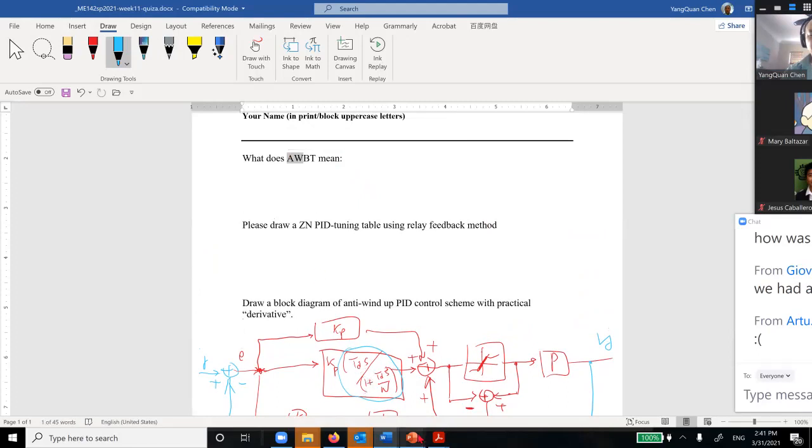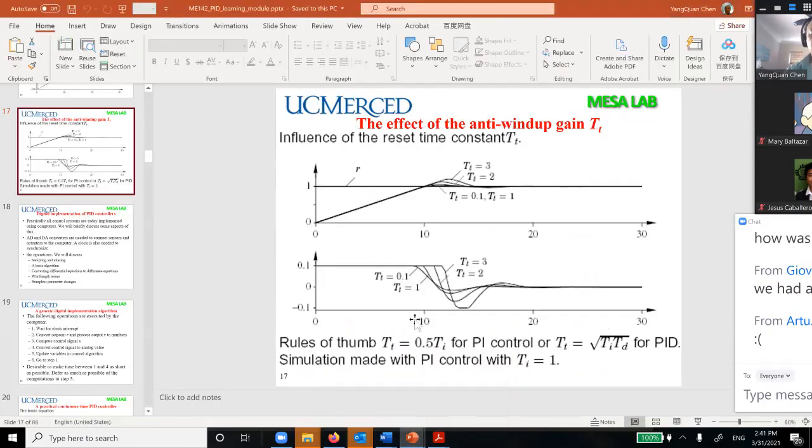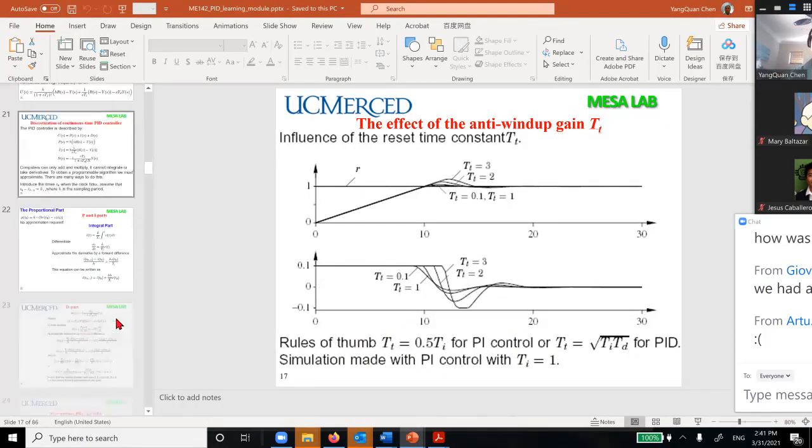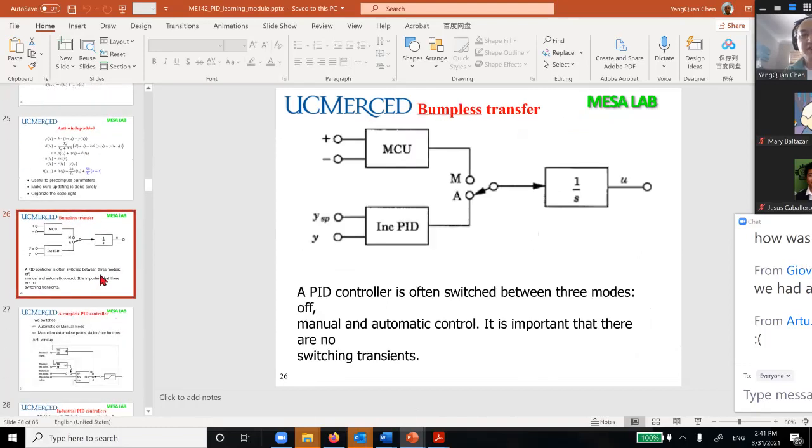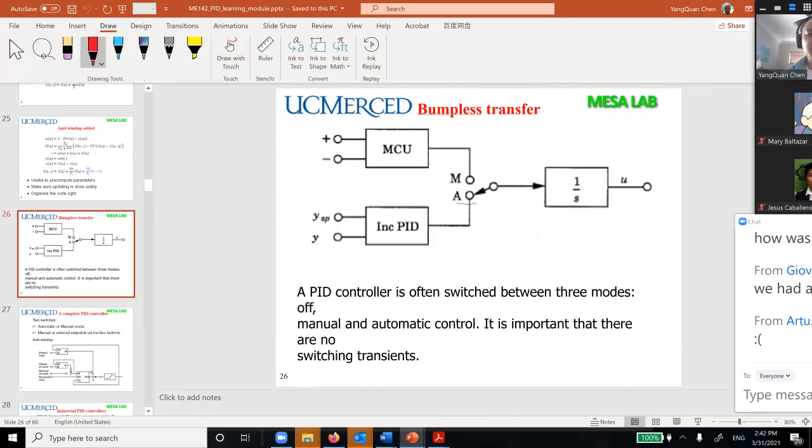What is bumpless transfer? Bumpless transfer is about the real world, where you have a manual mode versus an automatic mode. You can switch between three modes: off, manual, or automatic.